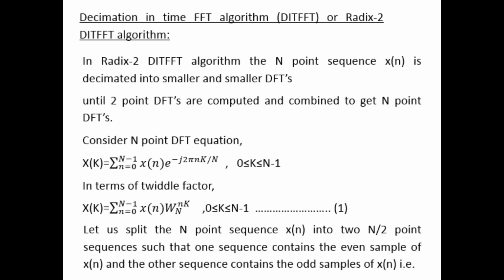X of k is equal to summation n is equal to 0 to N minus 1, x of n into e power minus j 2 pi nk by N, where k varies between 0 to N minus 1. In terms of twiddle factor, we can write it as X of k is equal to summation n is equal to 0 to N minus 1, x of n into omega N of nk, where k varies between 0 to N minus 1.